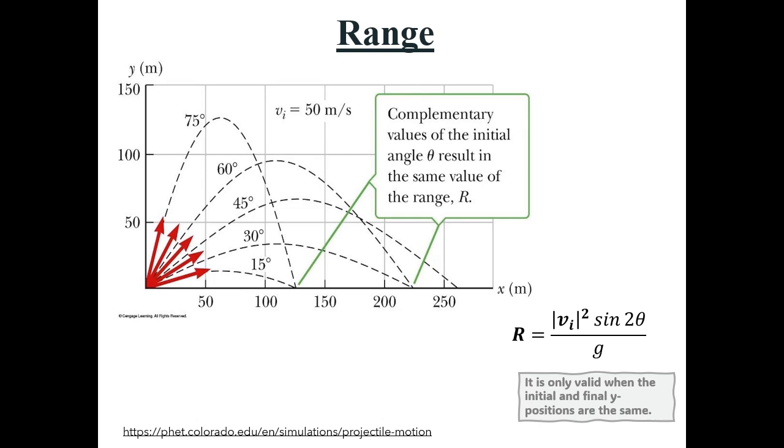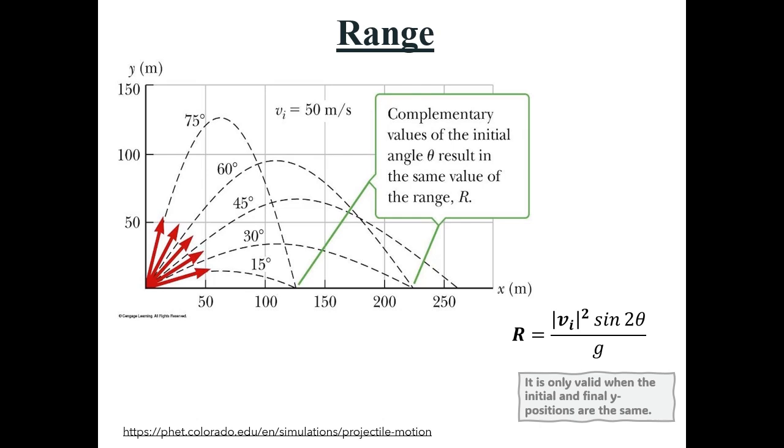All right, so this slide is showing you what I was talking about with the range: at what angle do we get the maximum displacement in the x direction, or the maximum range, and you'll see that is at the 45-degree angle. At 15 degrees and 75 degrees, the horizontal range is the same.